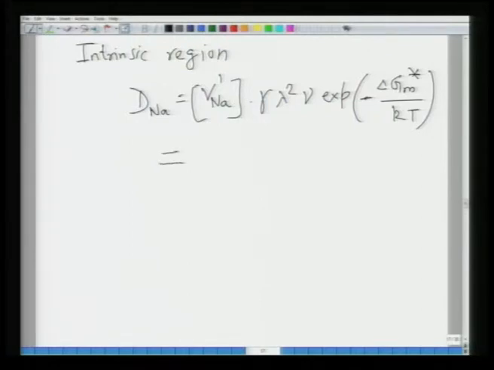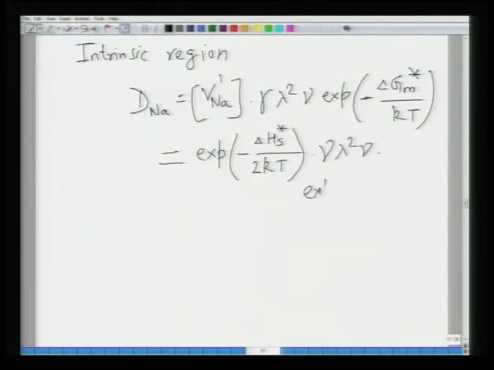Now, in the intrinsic region, V_Na is equal to exponential of minus delta H_S star divided by 2kT. So gamma lambda squared nu into exponential of minus delta H_M star divided by kT into exponential of delta S_M star divided by k.